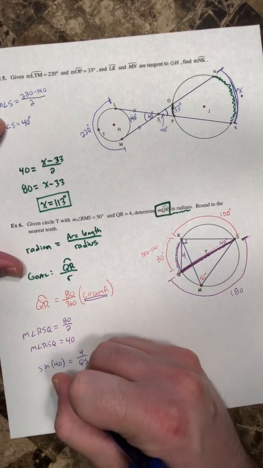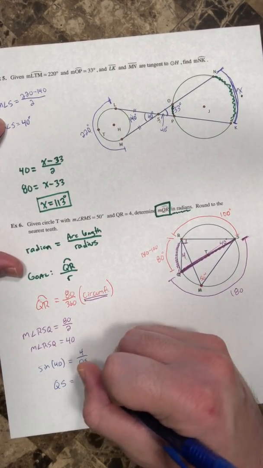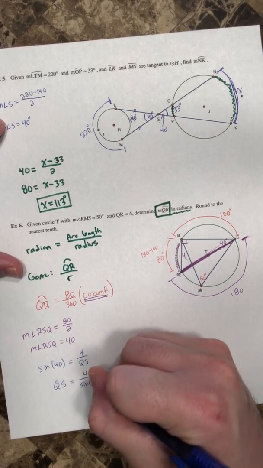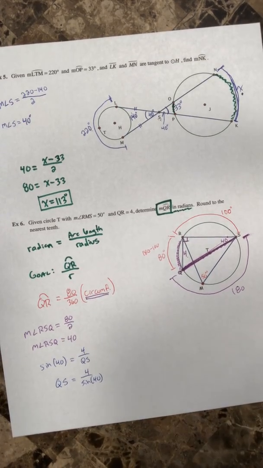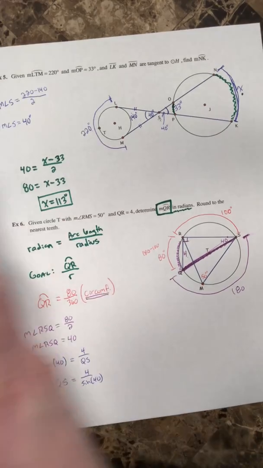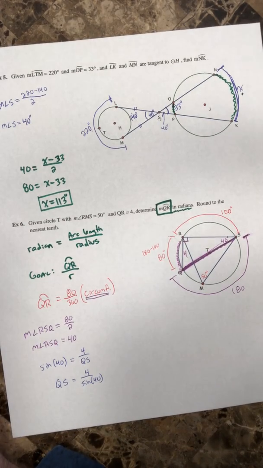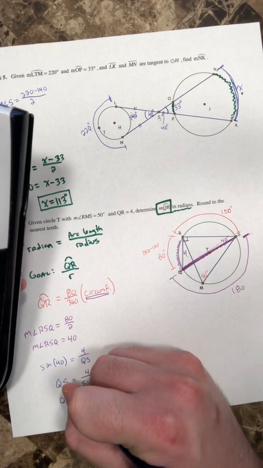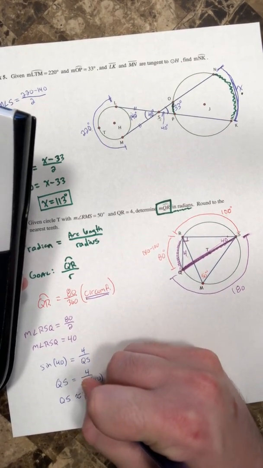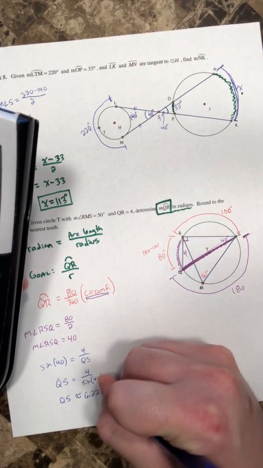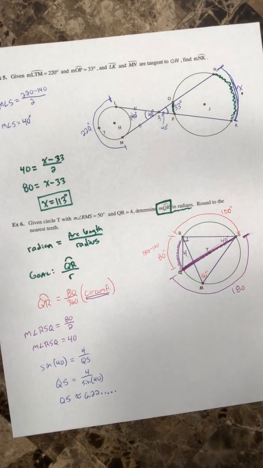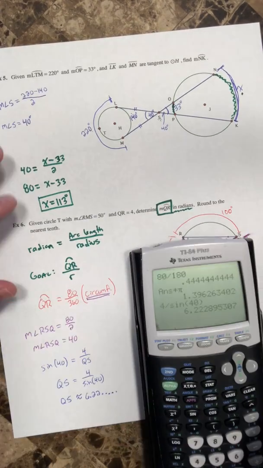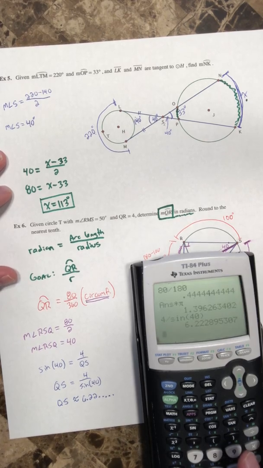So when I solve for QS, it's going to equal 4 divided by the sine of 40, and we'll put that into the calculator. 4 divided by the sine of 40, we get that QS is approximately equal to 6.22. I'm going to store that number in my calculator. There are many more digits that we cut off there, so I'm going to keep that in my calculator.